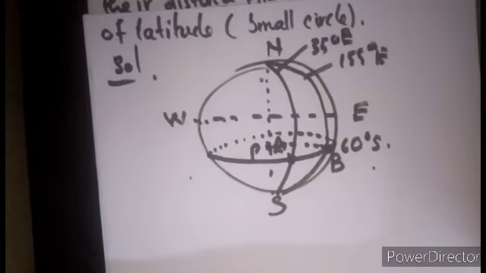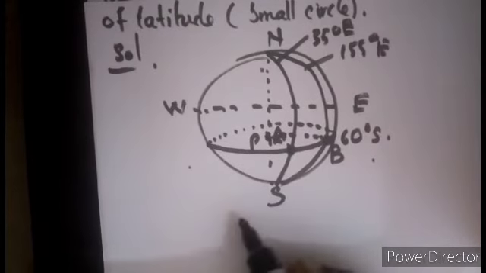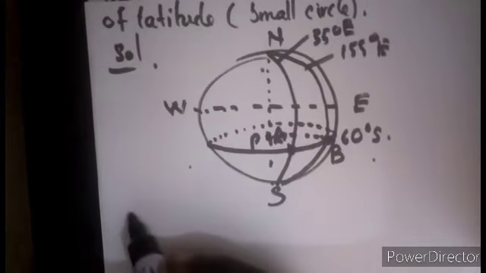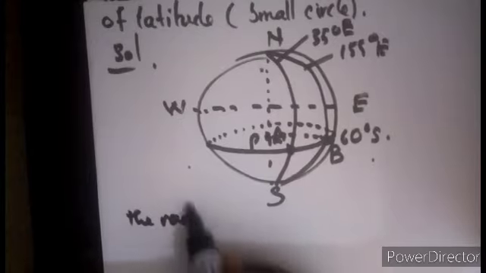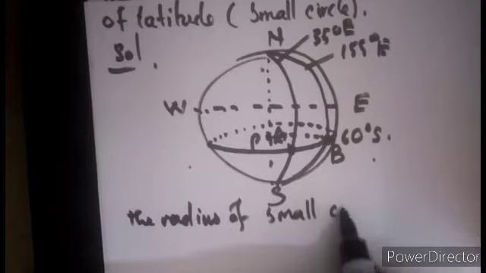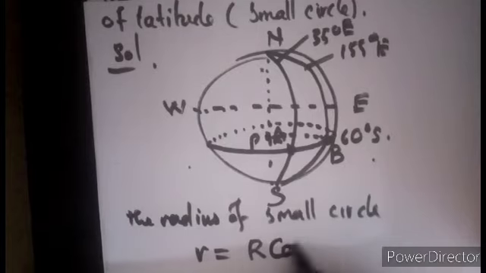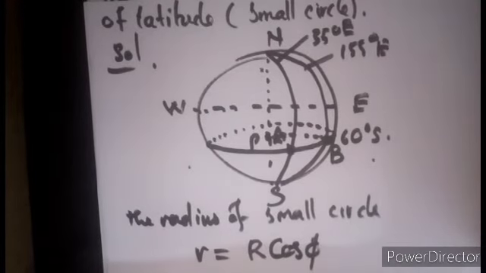So how do we do that? If you recall, we saw earlier on that the radius of the small circle r is that of the earth times the cosine of phi.